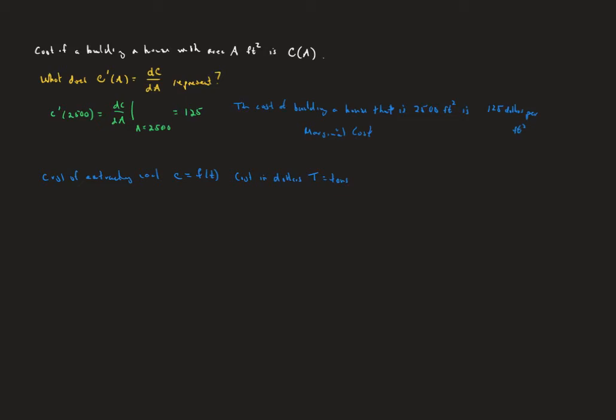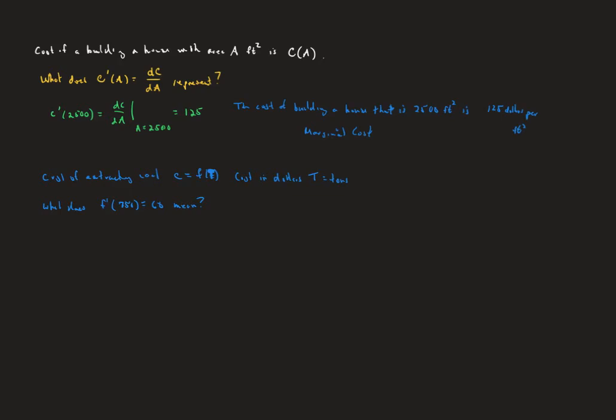Let me make this a capital T because that's tons of coal, not time. And so the question is, what does F prime of 750 equals 60 mean? We want to use the correct units and give it that context. A derivative is a rate of change, and that's positive.